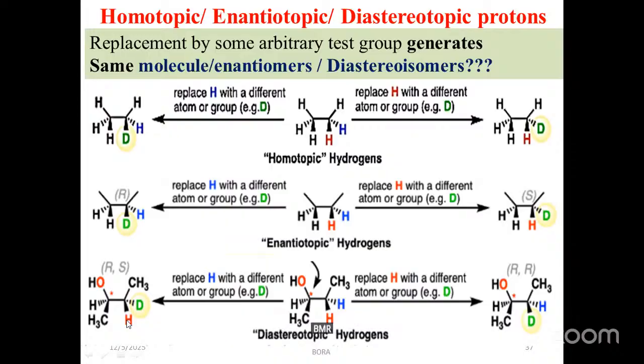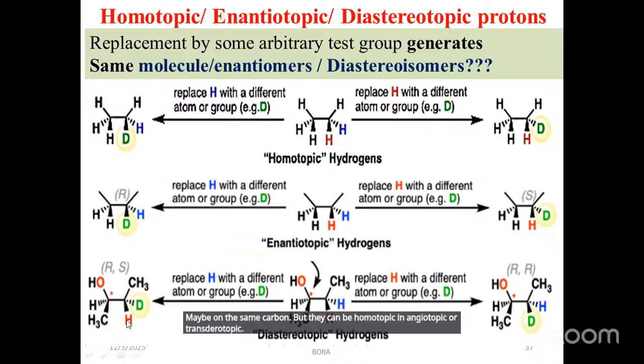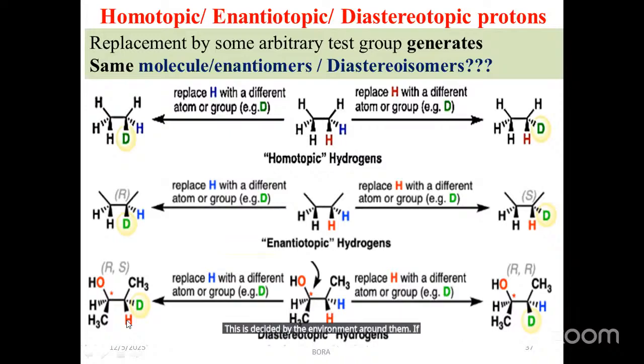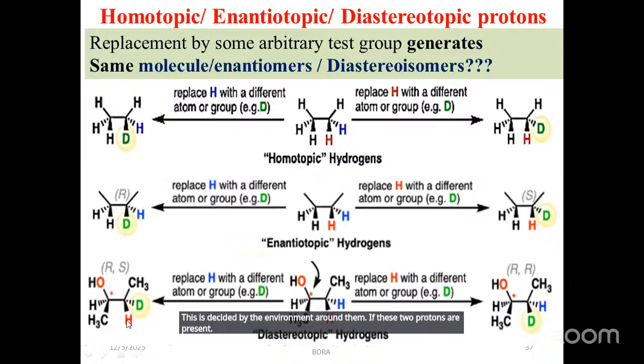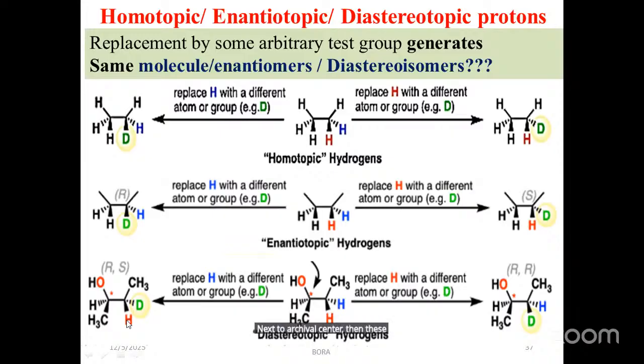So it is very important that we can classify two protons which may be on the same carbon, but they can be homotopic, enantiotopic, or diastereotopic. This is decided by the environment around them. If these two protons are present next to a chiral center, then these two protons will be called diastereotopic. If the replacement test generates enantiomers, then they are called enantiotopic protons.